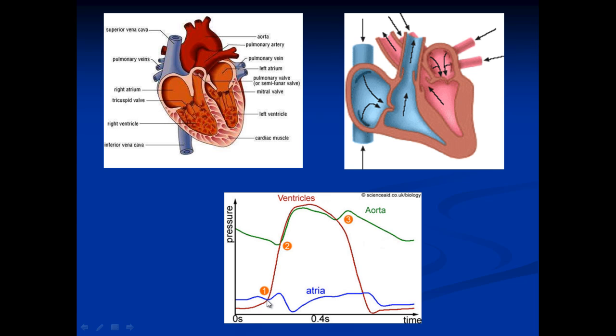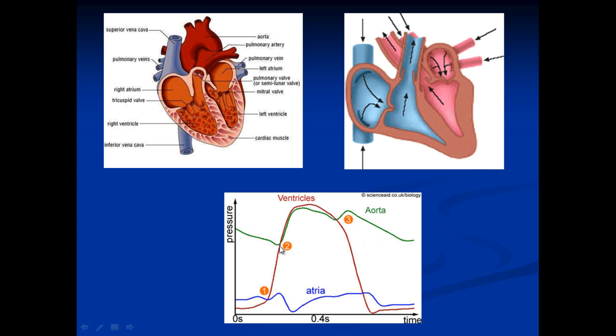When these lines cross over, what happens is the ventricular pressure becomes higher than the atrial pressure, and therefore these valves will shut. So at this point here, the pressure is higher in the ventricles than it is in the atria, and therefore that valve will shut.